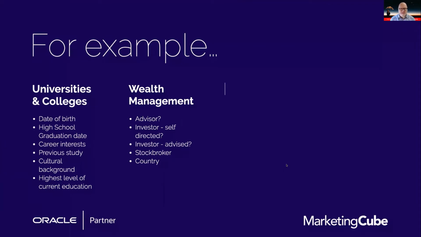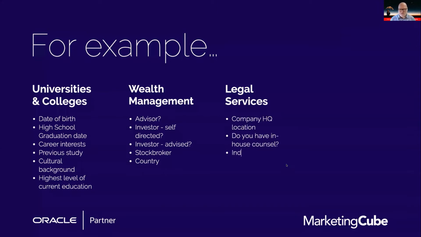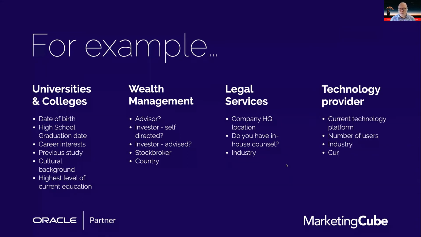So for universities and colleges, things like date of birth, high school graduation, career interests, maybe even cultural background or their highest level of current education, perhaps if it's a mature student coming into the university or college. Legal services, maybe it's in-house counsel versus having external counsel. Industry, some law firms may have specific strengths in particular industries, and so they want to try and identify their sweet spot. If you're a technology provider, maybe it's all about the number of users and, again, the industry.